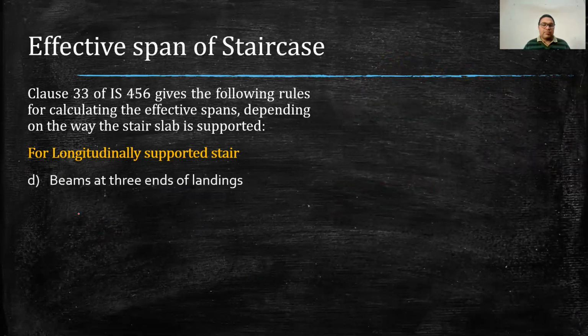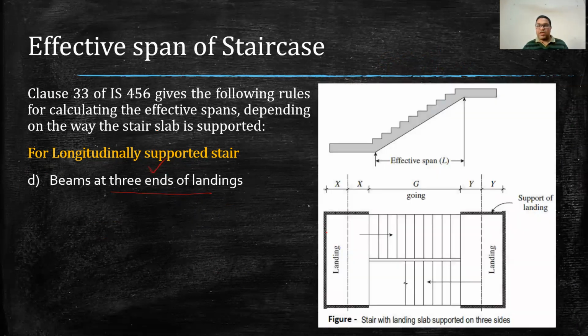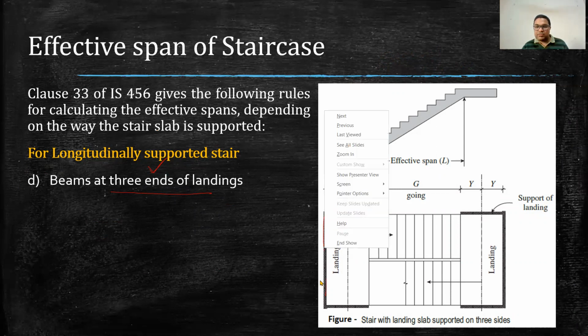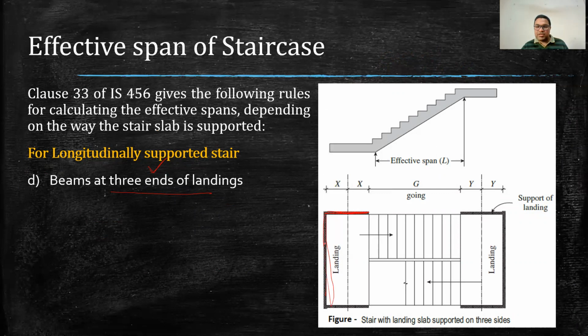Now, when beams are at the three ends of the landing, this is a very common case, generally occurring in multi-story buildings. When beams are provided on three sides of the landing, one beam is here, one beam is here, and one beam is here.